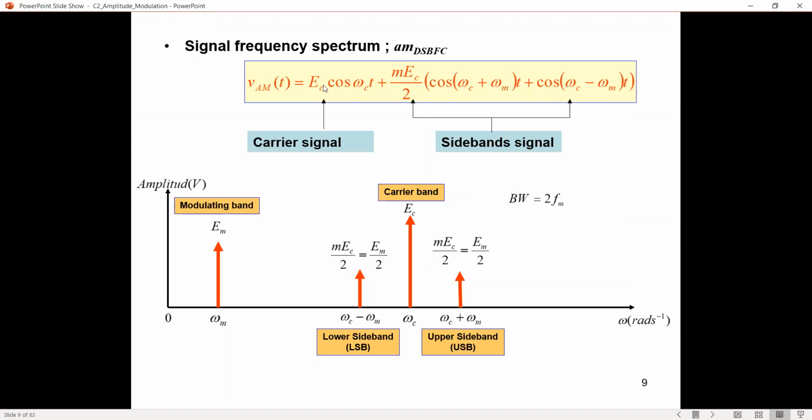From the equation, we can see the EC cos omega CT is our carrier signal, and the other two are known as the sideband signals.